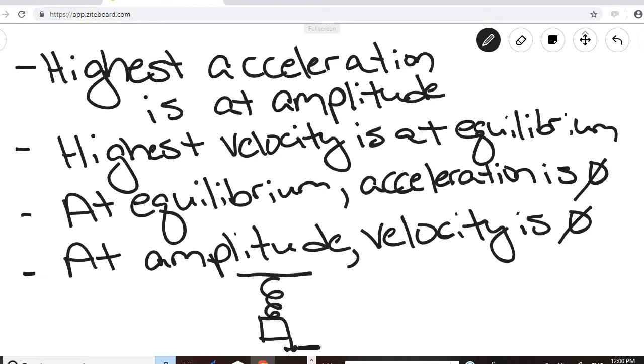It's going to have zero velocity here, and it will have zero velocity at the other end. But when it's at its amplitude, it's going to have its highest acceleration. And then when it reaches equilibrium, when it's back to its normal resting state, then it's going to have its highest velocity, but it will have no acceleration. And then again, when it reaches its amplitude on either end, then the velocity will be equal to 0.